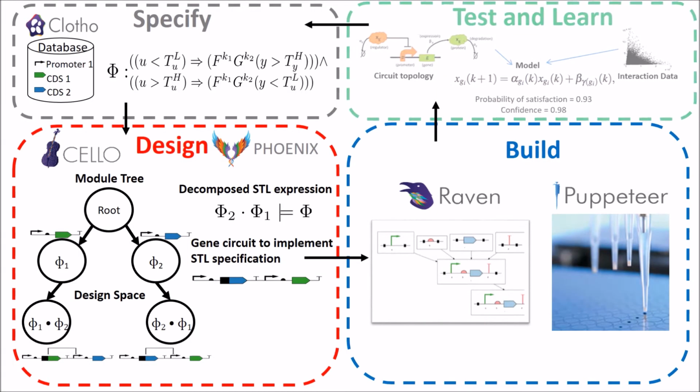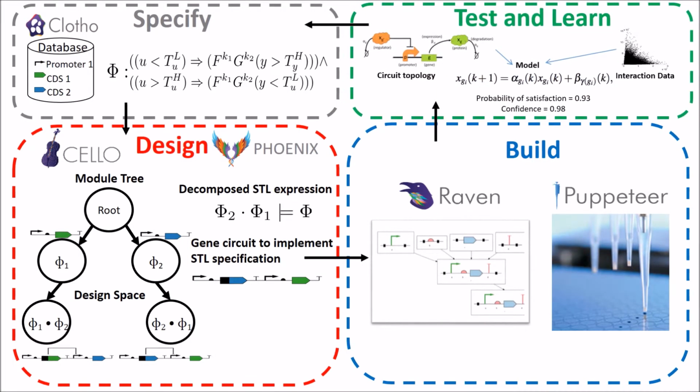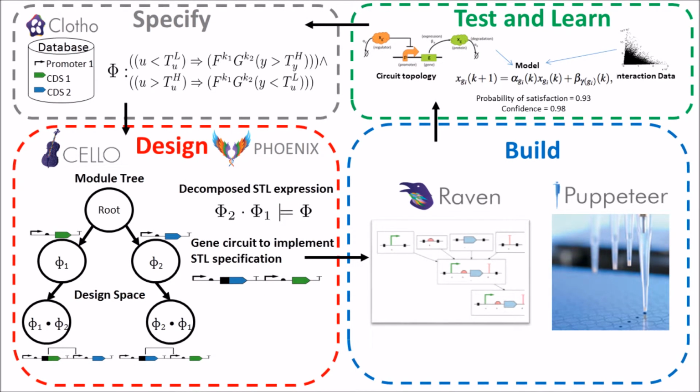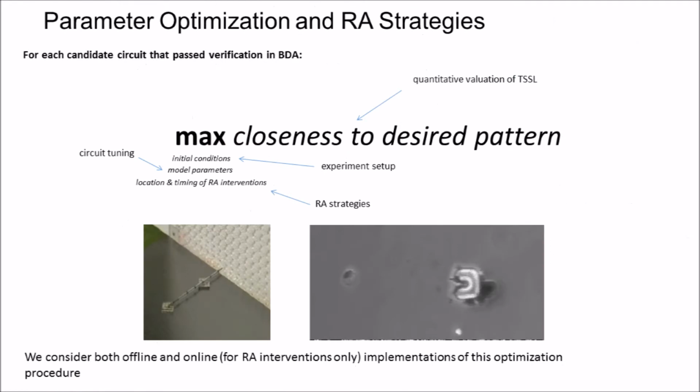In the test step, tools like Phoenix simulate the behavior of gene circuits and compare the simulation results with experimental characterization to learn model parameters. These model parameters can then be used to generate stochastic models that are checked against the original specification using statistical model checking.